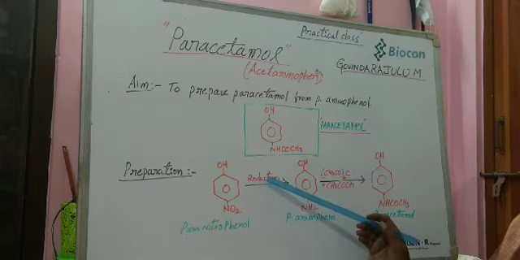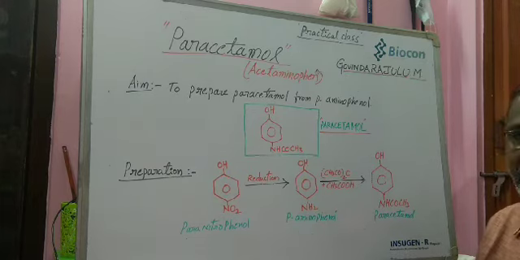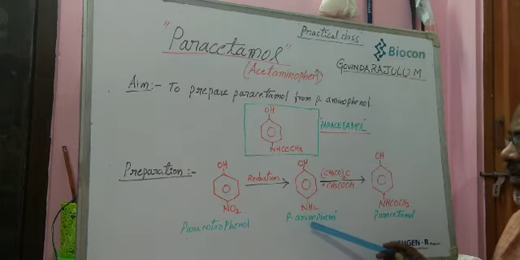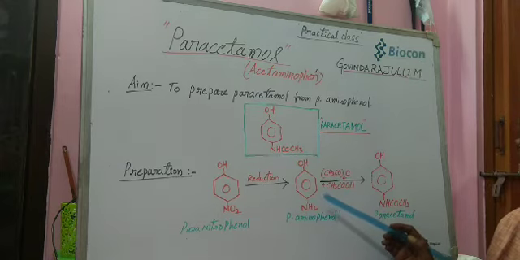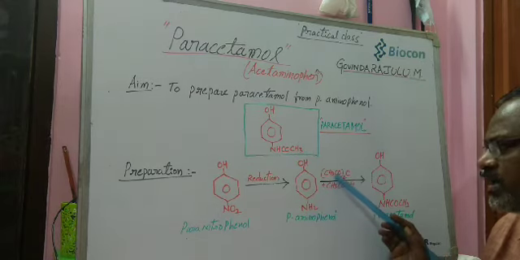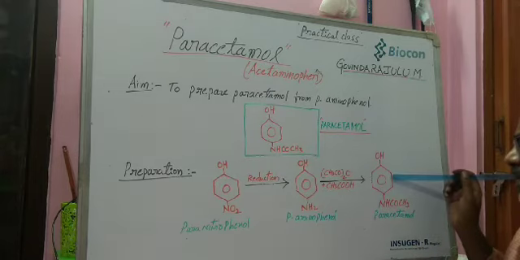After formation of para-aminophenol, it undergoes an acetylation reaction in the presence of acetic anhydride or glacial acetic acid. Finally, paracetamol is formed.